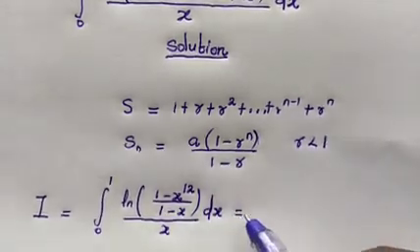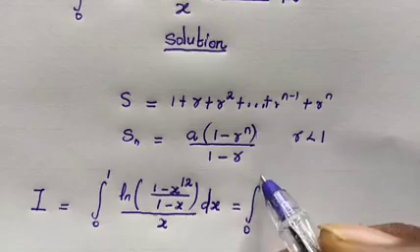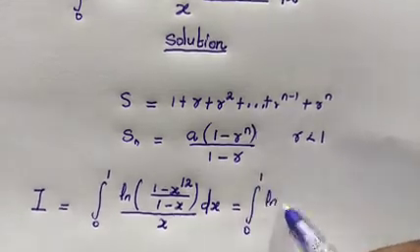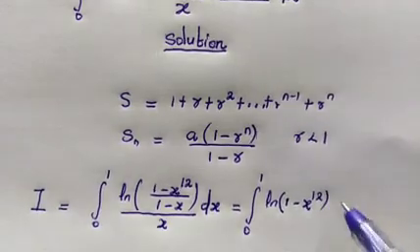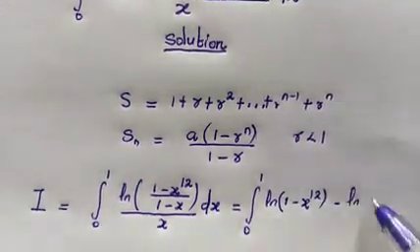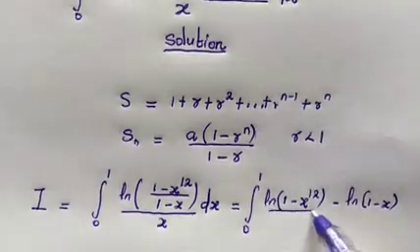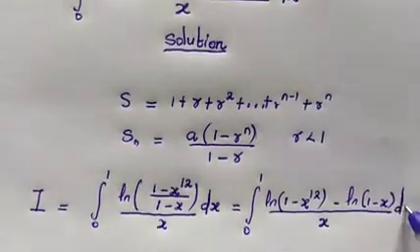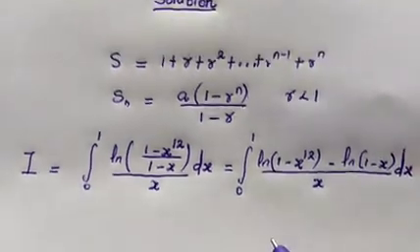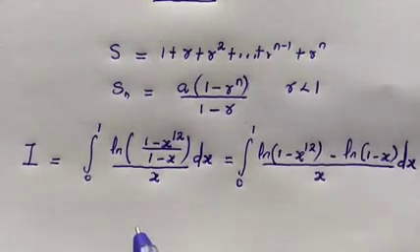So this is going to be equal to, using one of the properties of logarithm, the integral from 0 to 1 of the natural log of 1 minus x to the power of 12, minus the natural log of 1 minus x, and then divided by x, and then we have dx. Now, let us recall the Taylor series expansion for the natural log of 1 minus t.